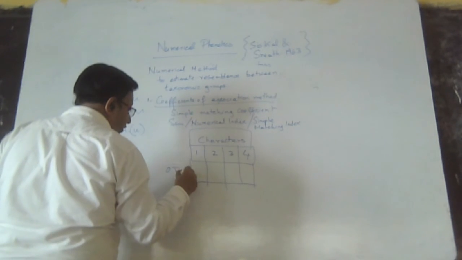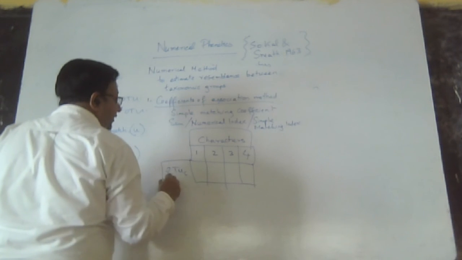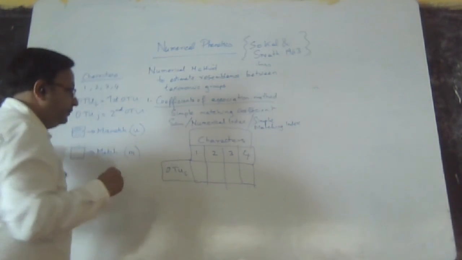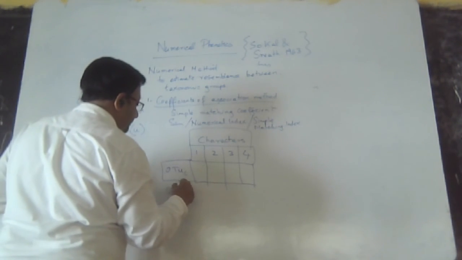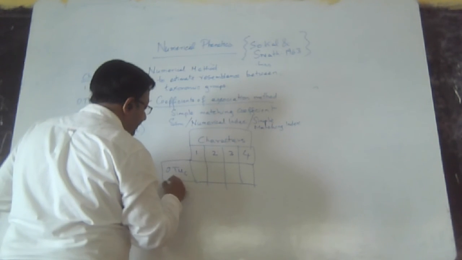This is OTU I, first taxonomic group. OTU J.